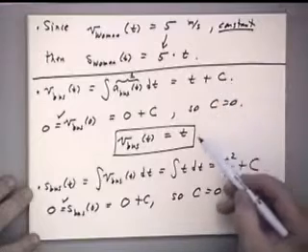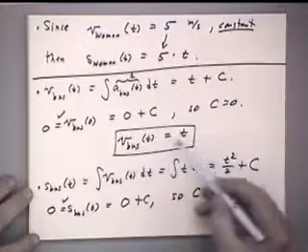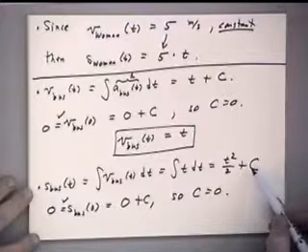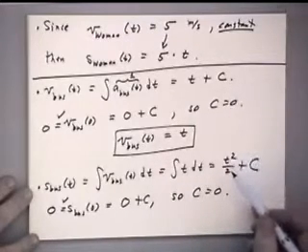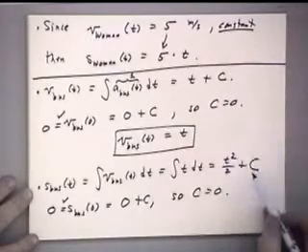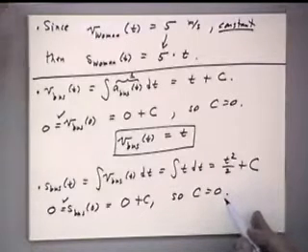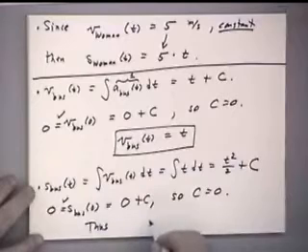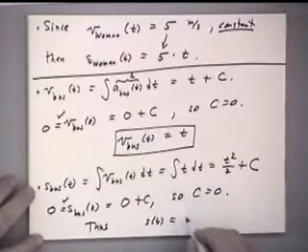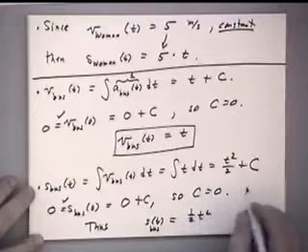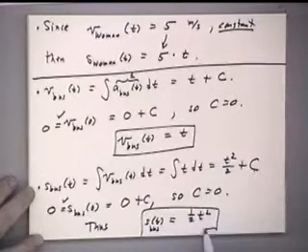I used c here and then stopped using it, so c becomes free for use again. Some people like to put c1 and c2, but it's really not necessary if you understand that the c has stopped being used and is being resurrected for this purpose. So c equals 0, and thus the position function s of t for the bus is equal to 1/2 t squared.